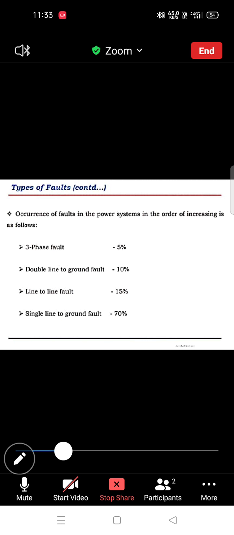Now, regarding the occurrence of faults, only 5% is the occurrence of the three-phase fault, then 10% is the occurrence of double line to ground fault, 15% is line to line fault, and the major occurrence of the fault is single line to ground fault, which is 70%. So here you can see that only 5% of occurrence is for the symmetrical fault, or three-phase fault.